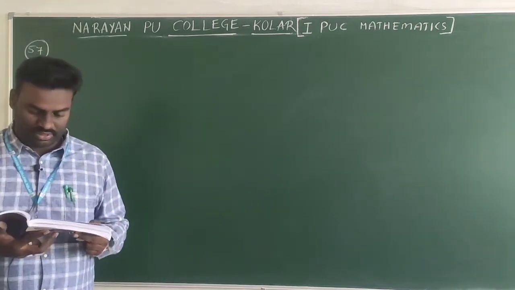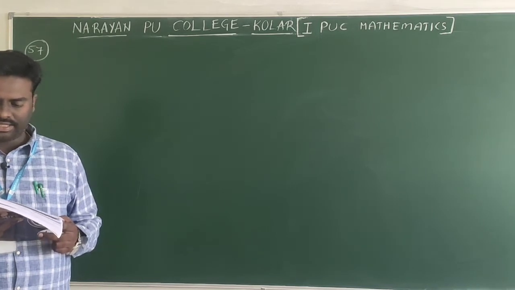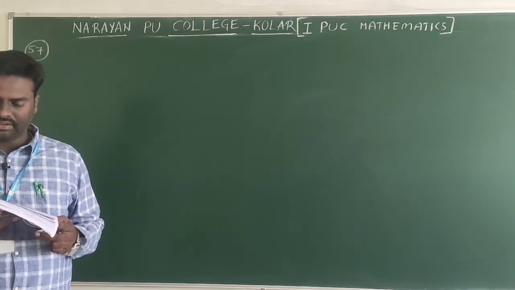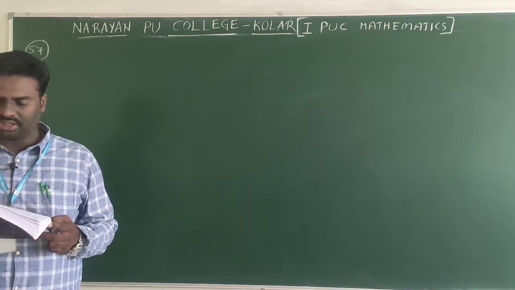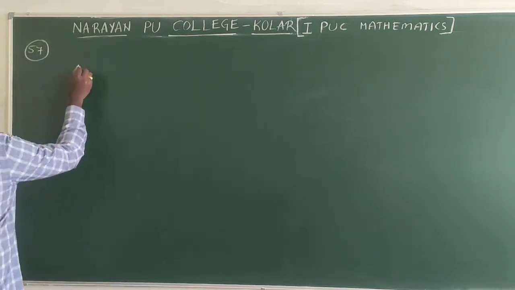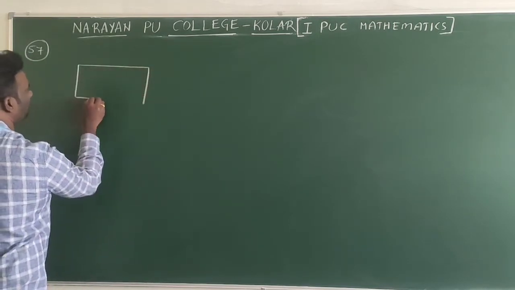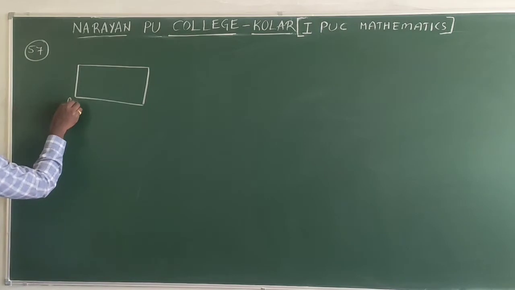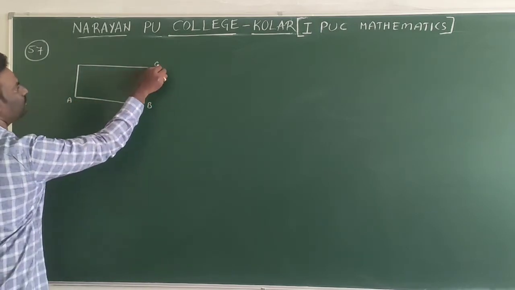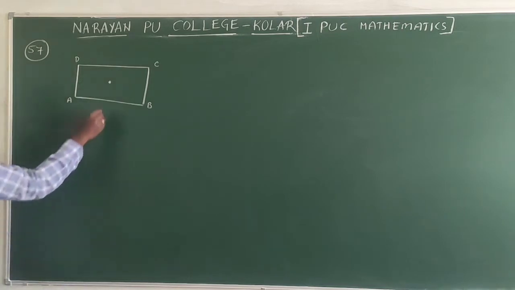Observe 57. A flagstaff stands in the center of a rectangular field whose diagonal is 1200 meters. This is a rectangular field and it is the base of the flagstaff.